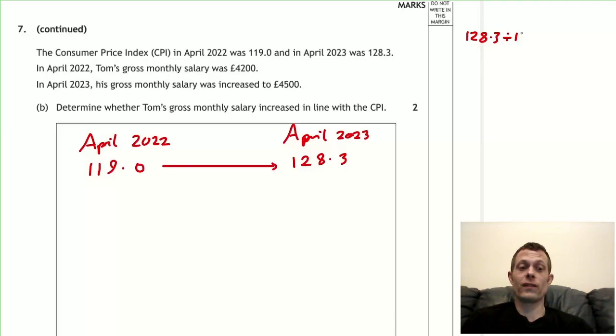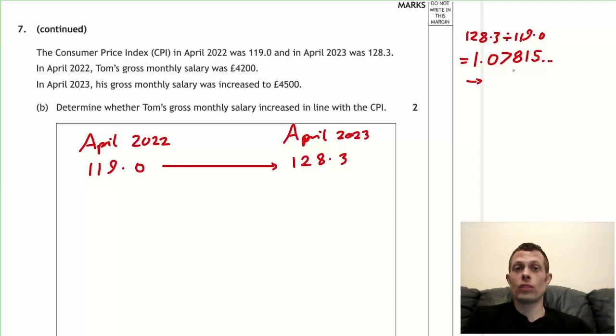So let's find out the percentage by which inflation increased, by which prices increased. Simplest way to calculate a percentage increase is divide the new one by the old one. 128.3 divided by 119.0. And that will give us 1.07815.